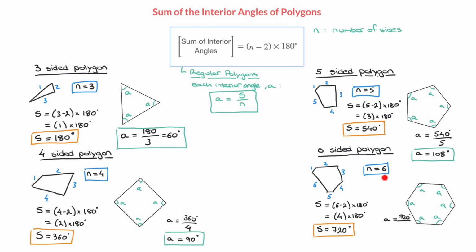So in this case, that's 6. So that's 720 divided by 6. And by all means check, but 720 divided by 6 is equal to 120 degrees.